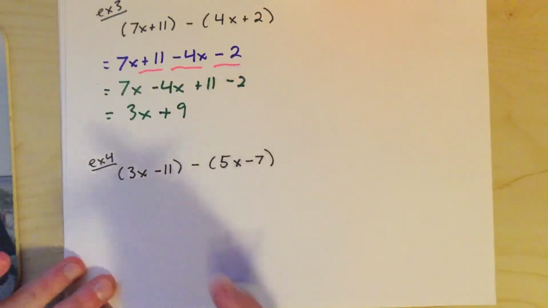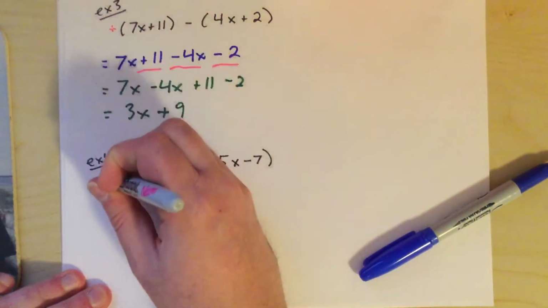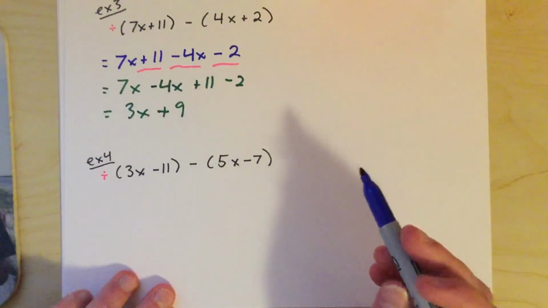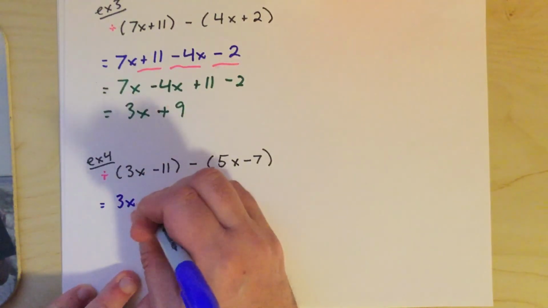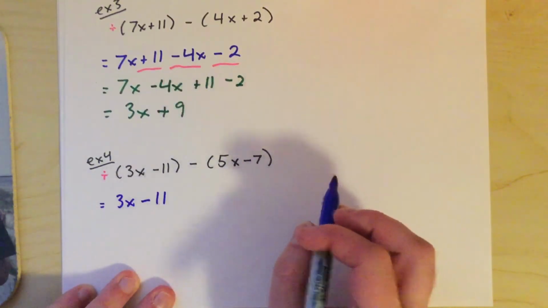Okay. So as usual, we haven't deviated from that. There's been invisible pluses in front of these first brackets all the time. And so that's going to give us 3x minus 11. A negative in front of this bracket, so when we get rid of the bracket, everything changes.